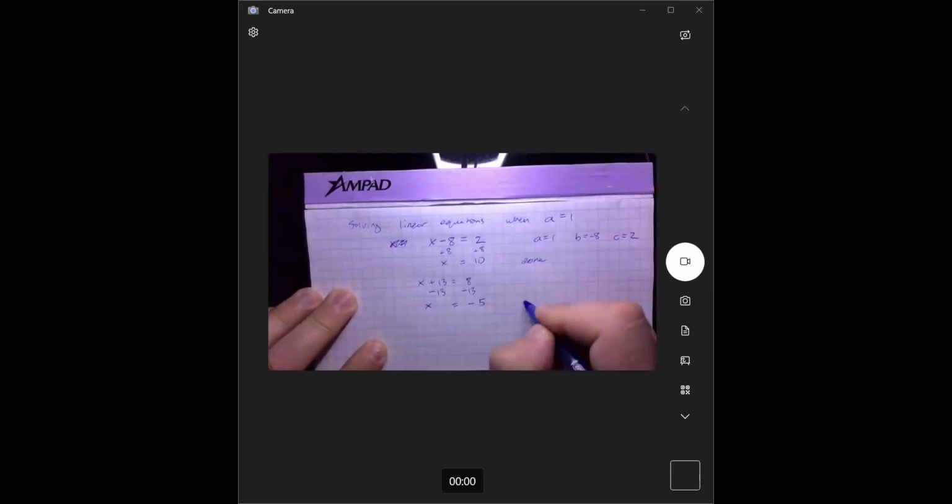We'll get all the variables on one side and the numbers on the other. This time, if we subtract 13 from both sides, that cancels the 13 and the minus 13, just leaving an x, and 8 minus 13 is -5. And again, we're done.